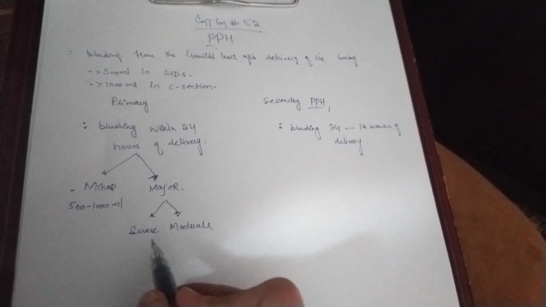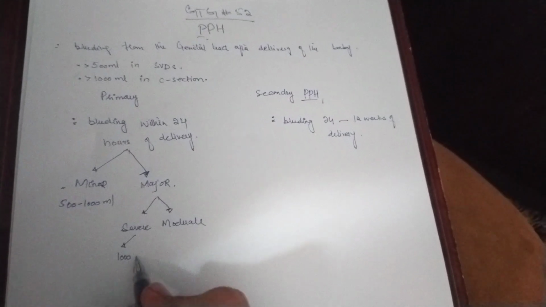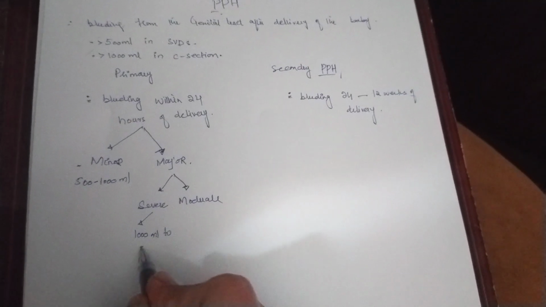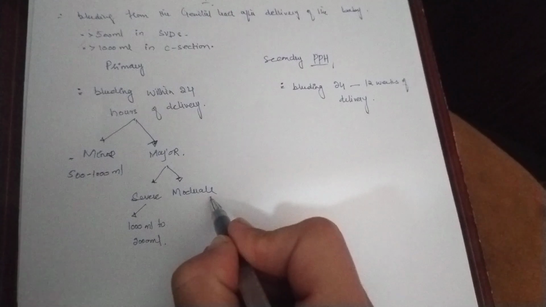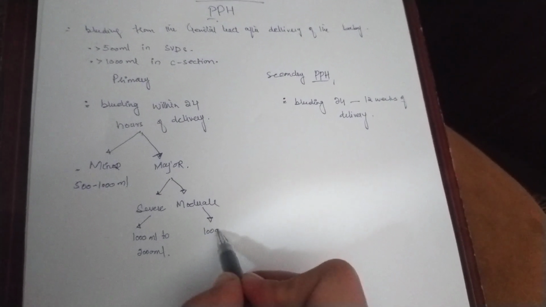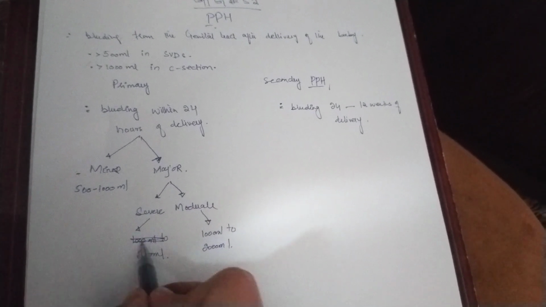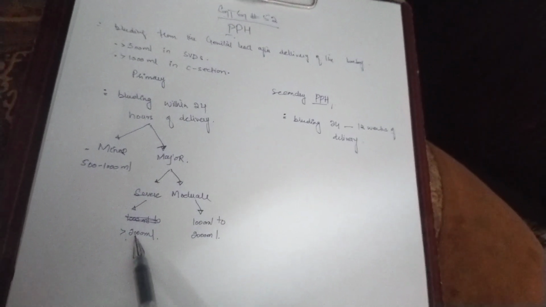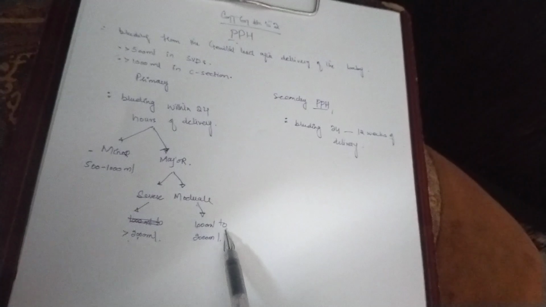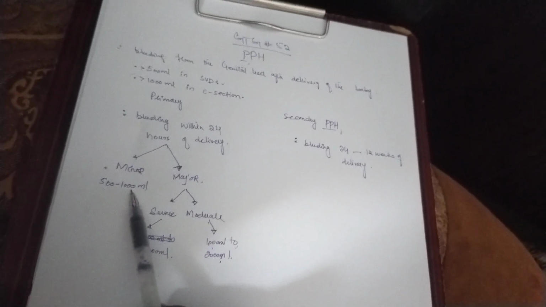Moderate is when the bleeding is between 1000 ml to 2000 ml, and severe is when the bleeding is more than 2000 ml.